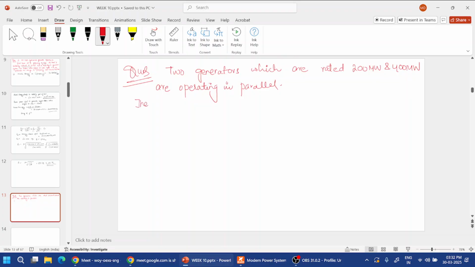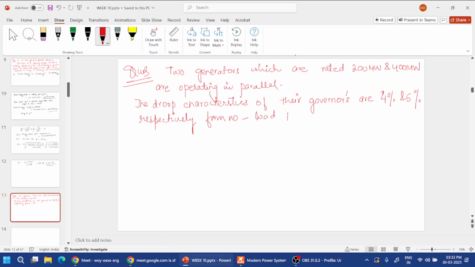The droop characteristics of their governors are 4% and 5% respectively, from no load to full load.